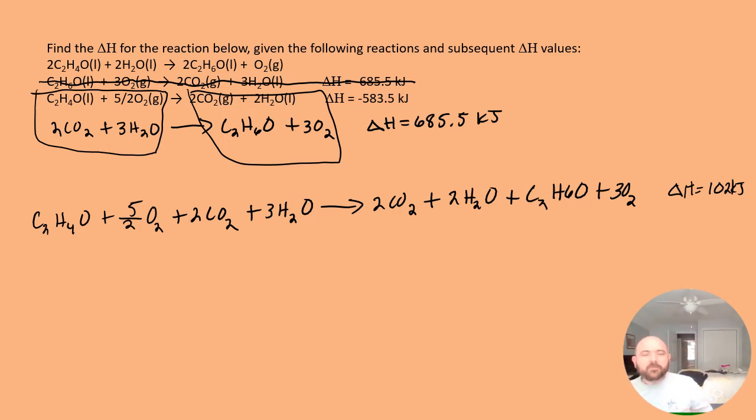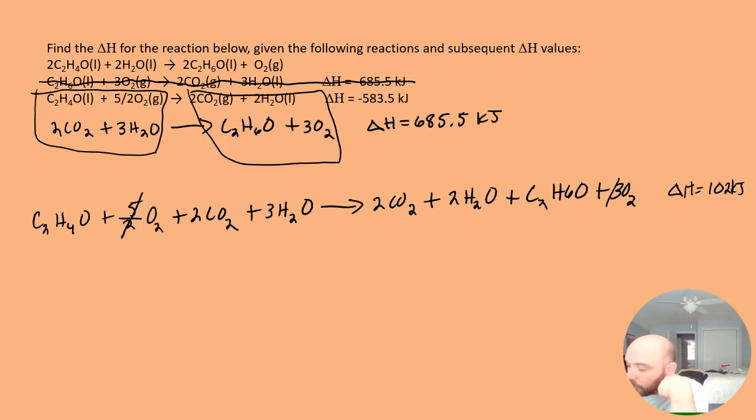So then I'll cancel and see if the reaction looks like I want it after cancellation. C2H4O has nothing on the other side to cancel with. 5 halves oxygen has 3 oxygens to cancel on the other side. 5 halves oxygen is essentially 2.5, and 3 is actually 6 halves.